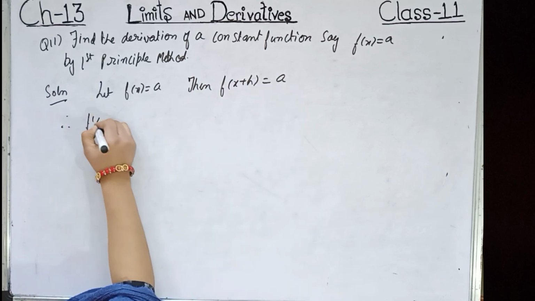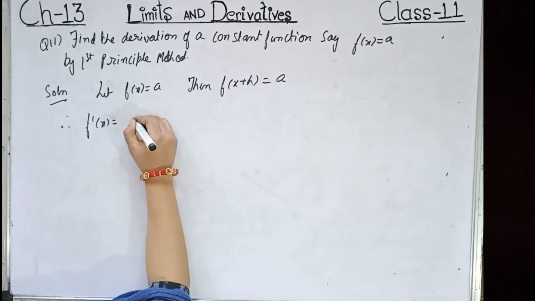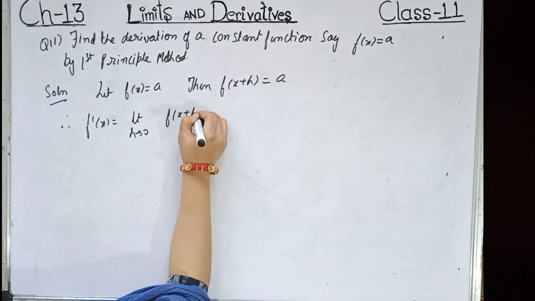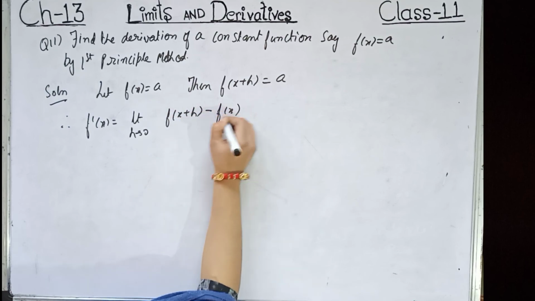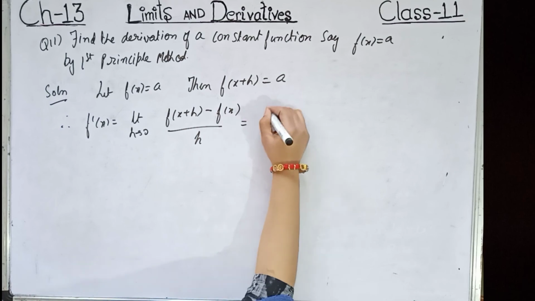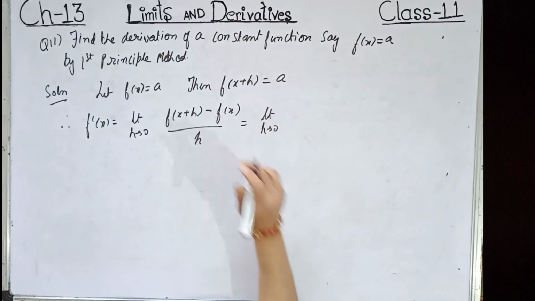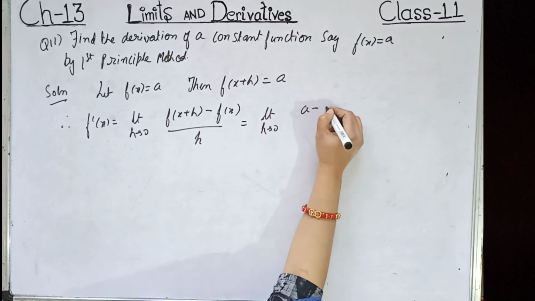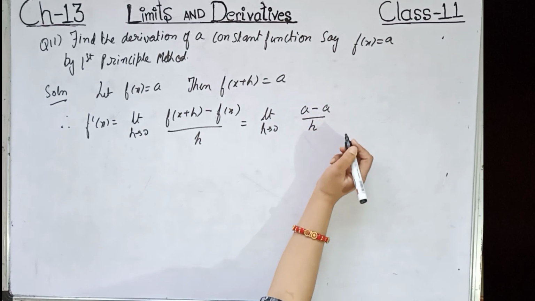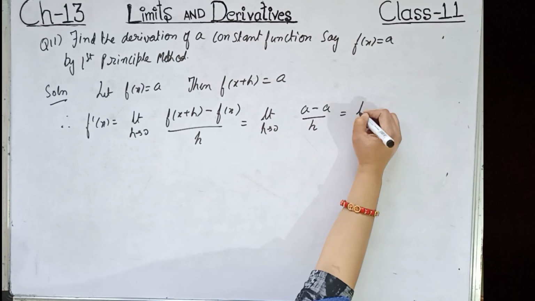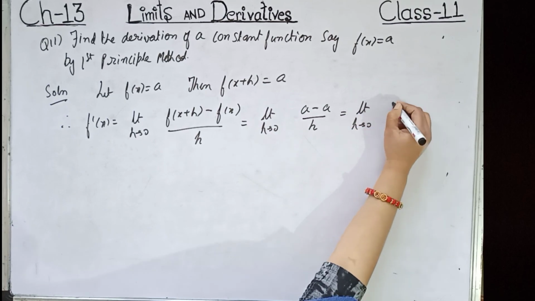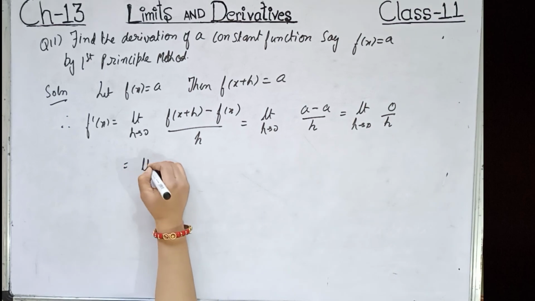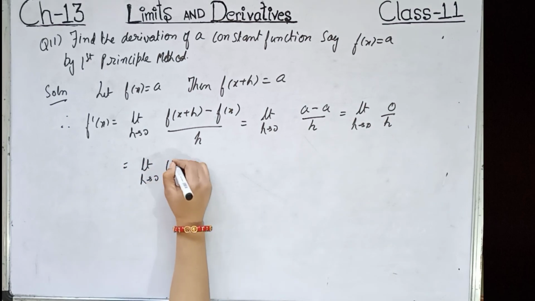Therefore f dash x will be equal to limit h tending to 0 of (f(x plus h) minus f(x)) divided by h, the formula we always write, equals limit h tending to 0 of (a minus a) divided by h, equals limit h tending to 0 of 0 by h, equals limit h tending to 0 of 0.